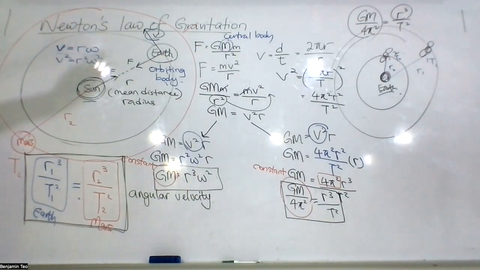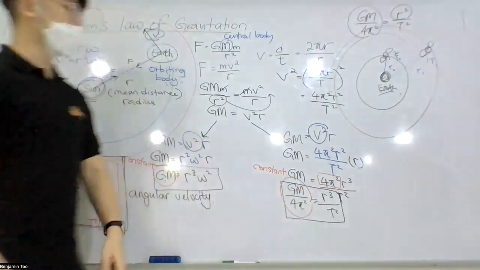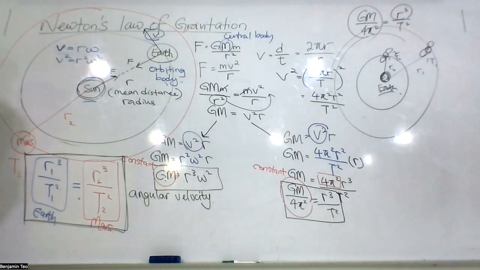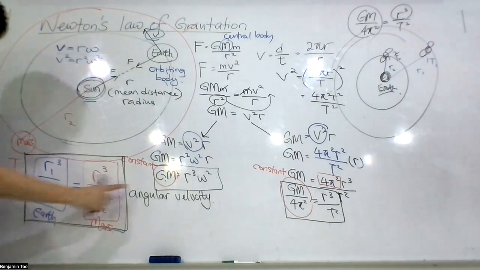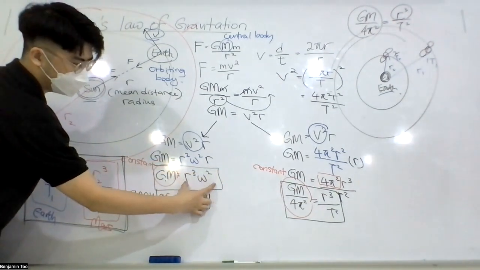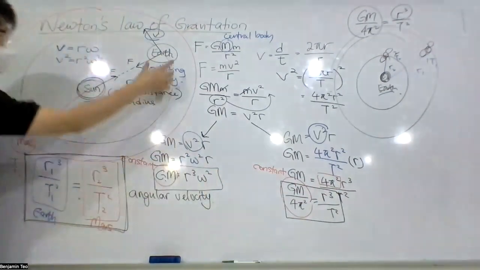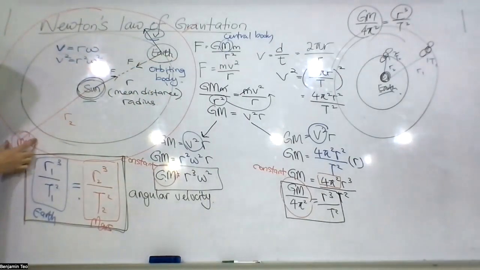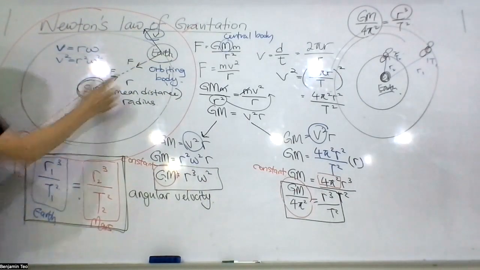So these are the important formulas that you will always see. Same like this one, we do R cubed and angular speed. You take this one of the Earth, it will be the same as that of Mars. Okay, this one will be the same as this one.